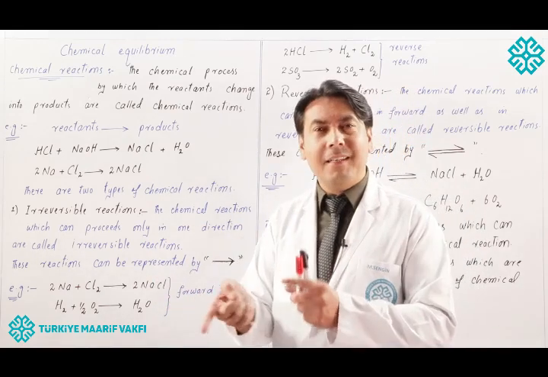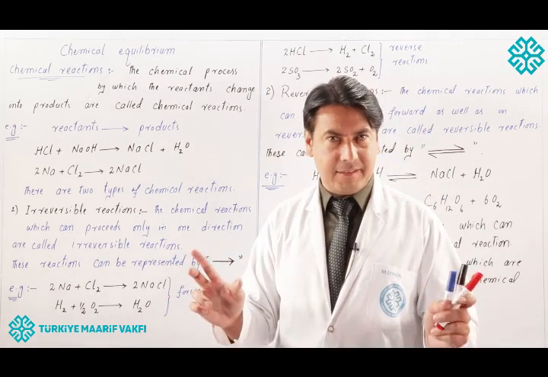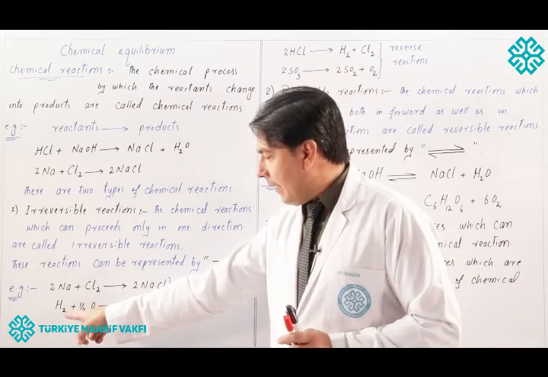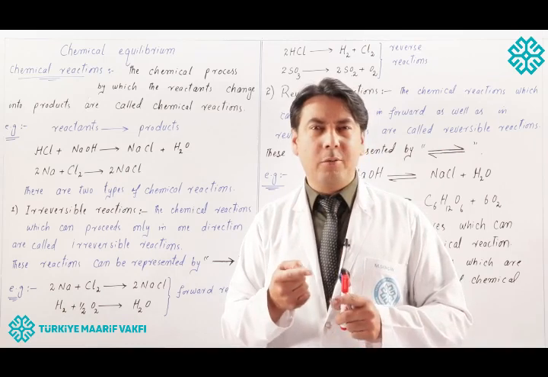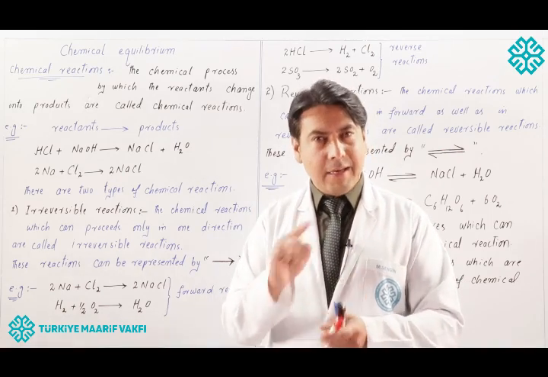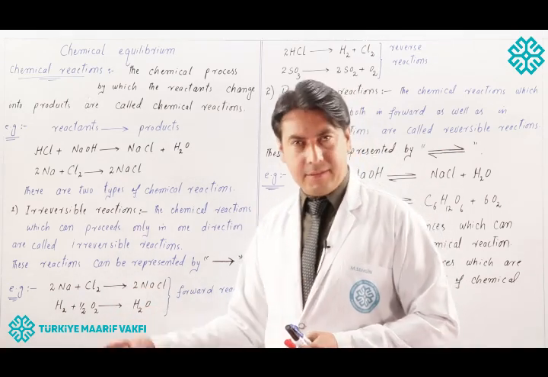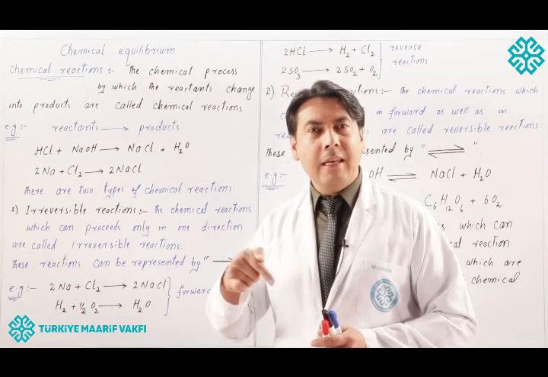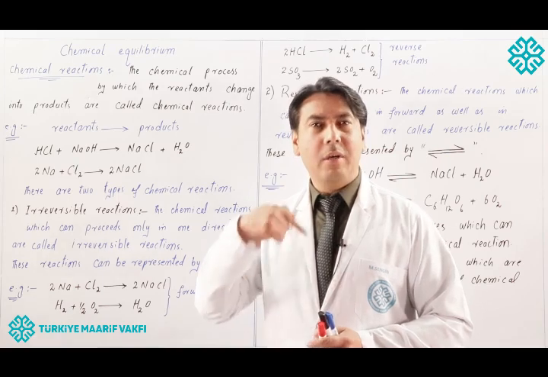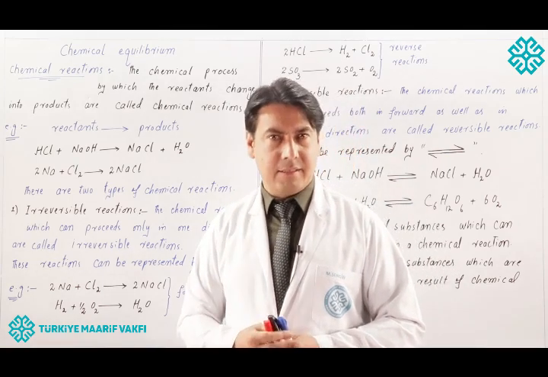The product cannot be converted back into the reactants. Similarly, hydrogen reacts with oxygen and forms water. The water molecule cannot be converted back into hydrogen and oxygen. So these reactions can proceed only in the forward direction.